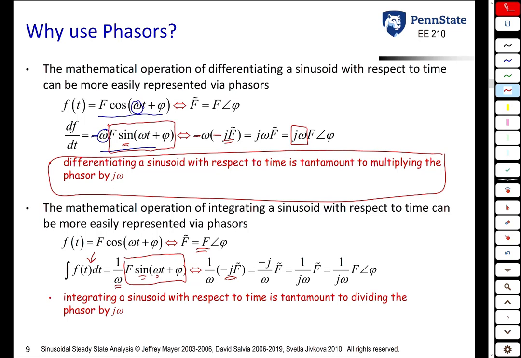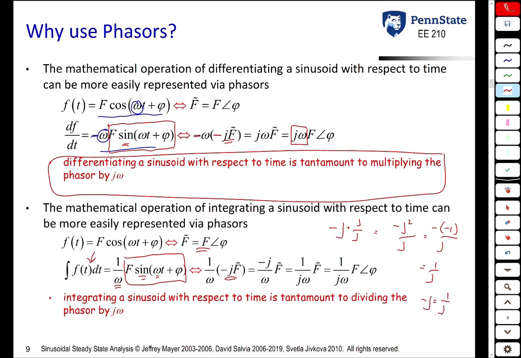Then we have another important property. What does minus j equal? Let's multiply it by j over j, so we're multiplying it by 1. We get negative j squared over j. But what's j squared? It's negative 1. So we get negative negative 1 over j, or 1 over j. And we get an important property of complex numbers.